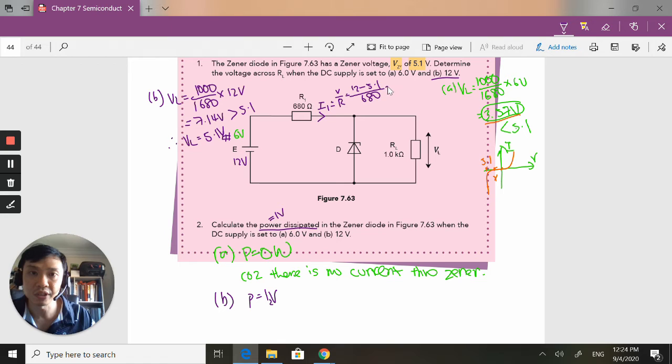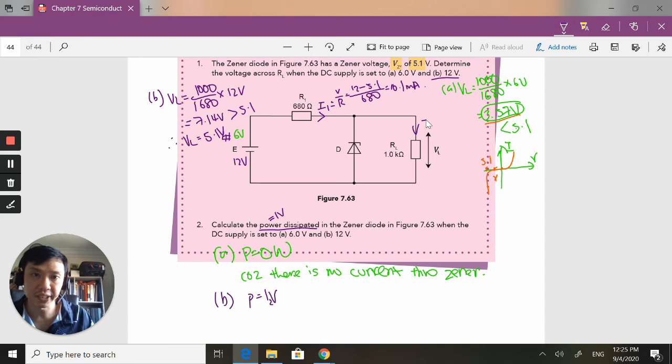This will give me 10.1 milliamperes. I also need to find the current over here.